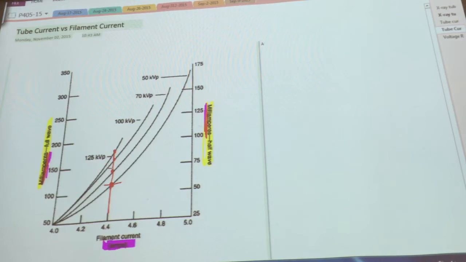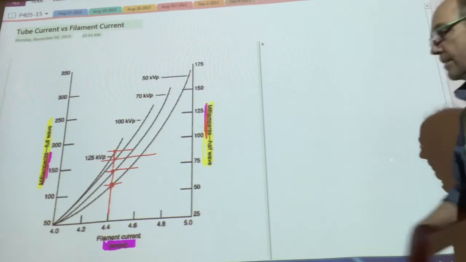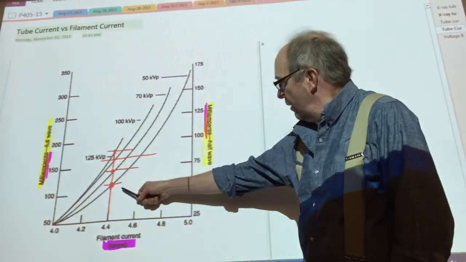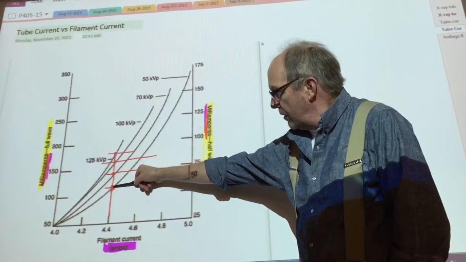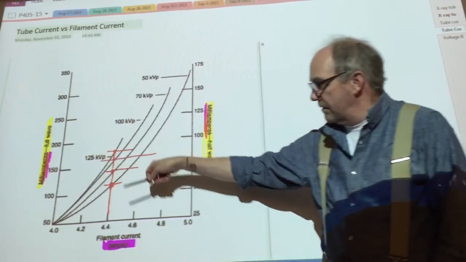What do we have? Let's just take the lowest point here. Read it off. What does that number correspond to on that side?